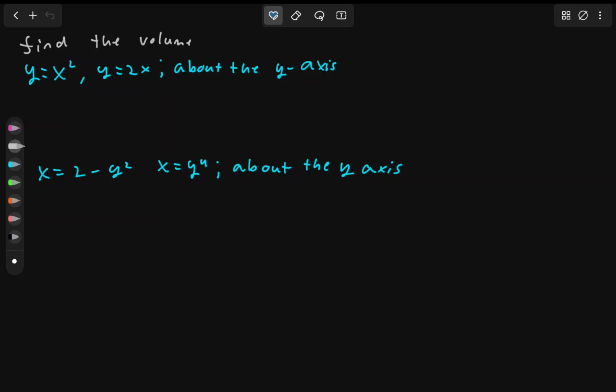So sketching out a small bit of a graph here, let's see what this is going to look like. So we have our functions. We got y is equal to x squared, so that's going to look something like this. And then we have y is equal to 2x.